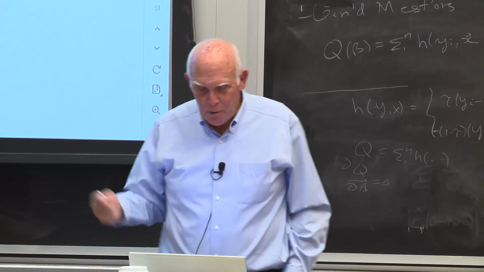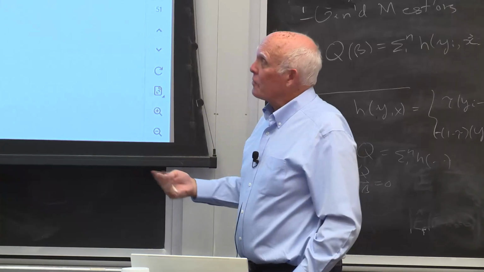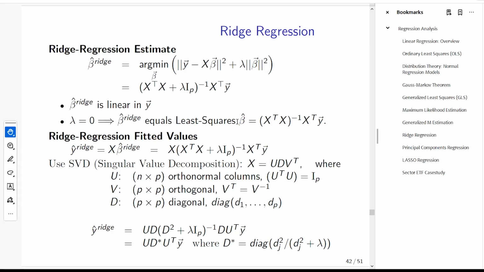The notes here go through with ridge regression how we compute them. The minimization basically leads to formulas for the ridge regression estimate that look almost like least squares, except we have this additional factor, lambda times the identity, inside the braces before we take the inverse.